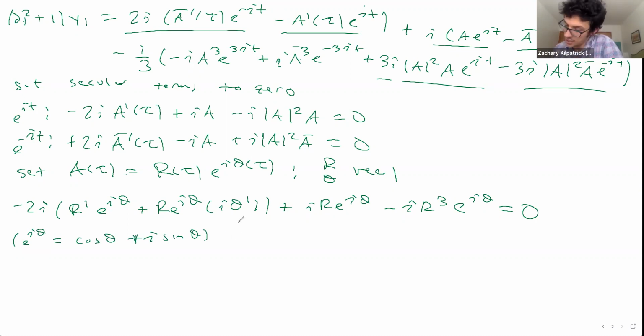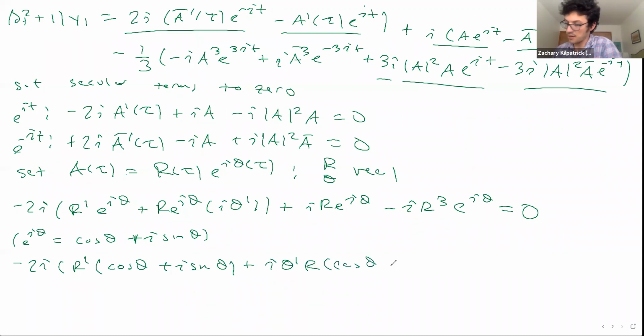And in that case, we end up with minus 2i r prime (cosine theta plus i sine theta) plus i theta prime r (cosine theta plus i sine theta). Okay.